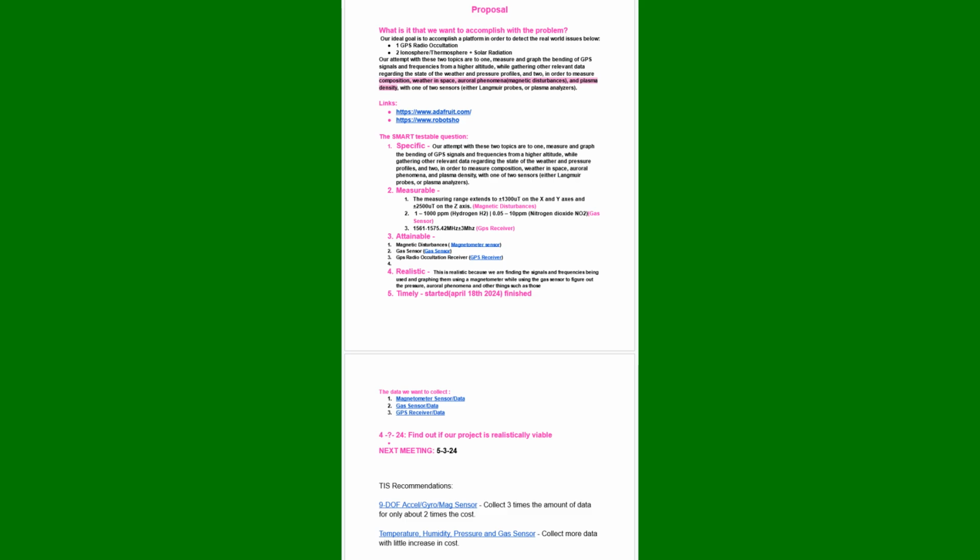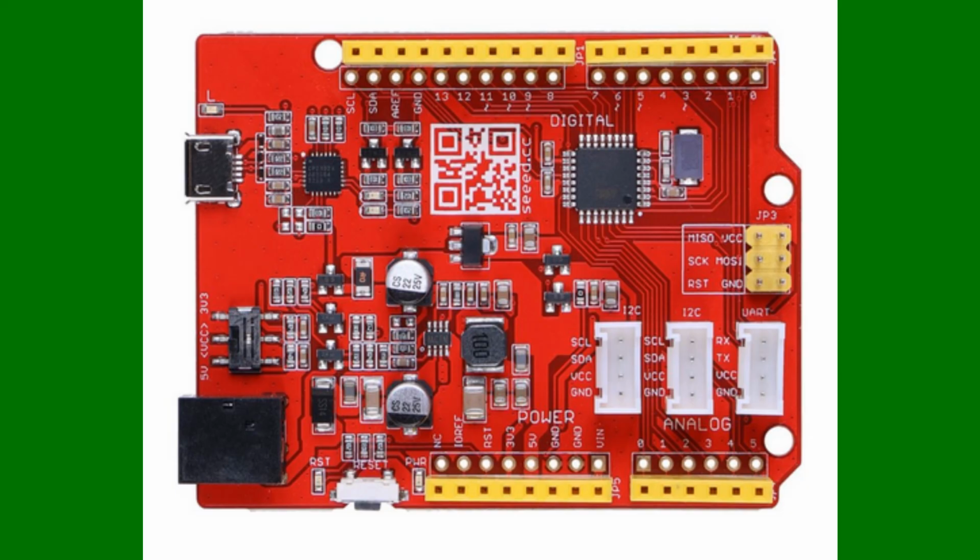Well, and keep in mind that if you do go the Stemma QT connector route, you don't even need to use a breadboard. You might have to figure out how you're going to connect it to the Arduino itself. So if we go to the Arduino page real quick, this is the actual microcontroller that we used.